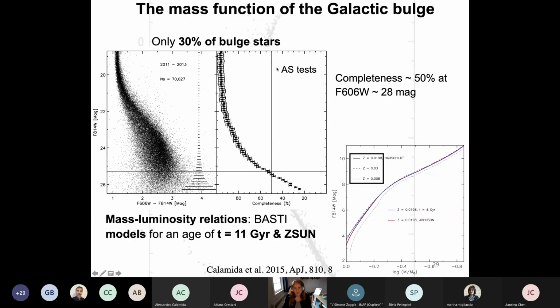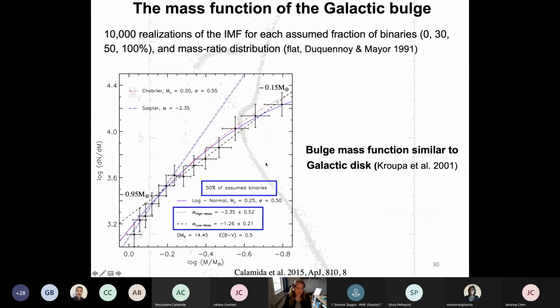So for that, we had to perform what we call artificial star tests. So we corrected for completeness up to a completeness of 50% that you see here. Our observation, we use the models. So from our filter, here the I band, we get a mass. So what we get is essentially a mass function, the number of stars as a function of mass.